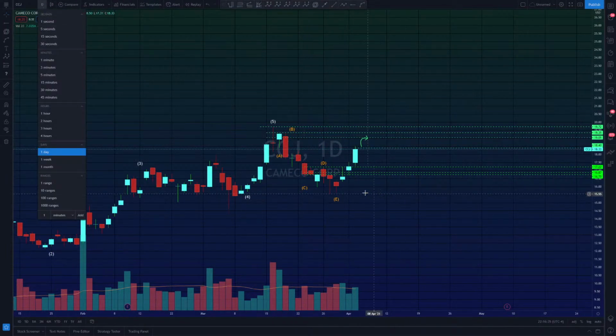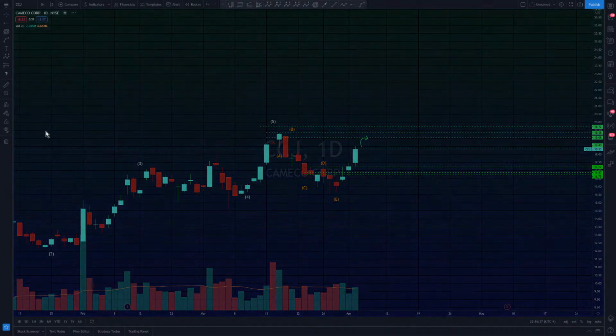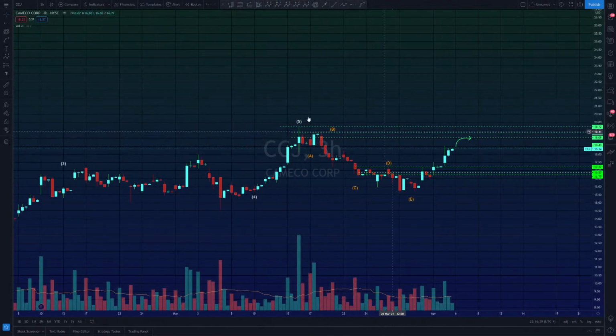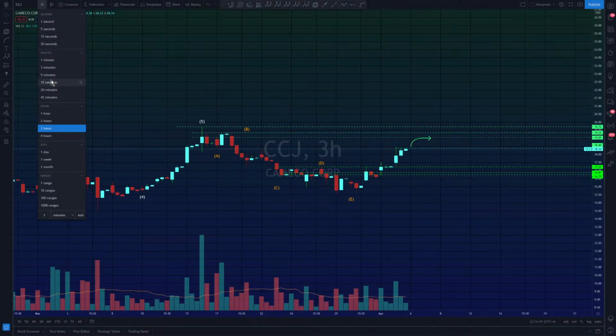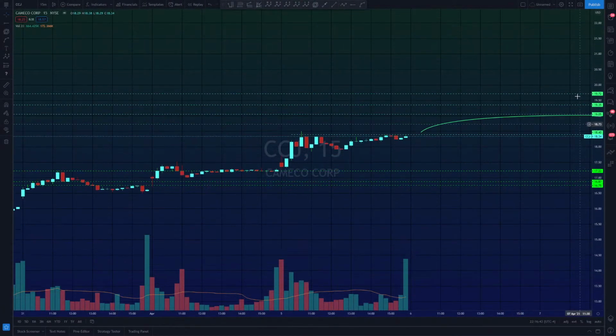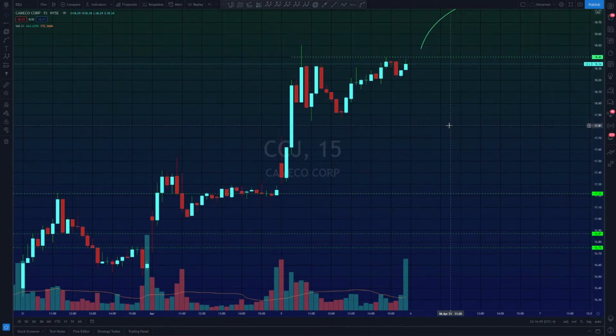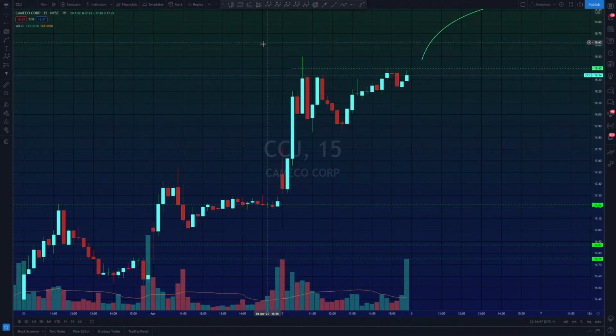But with parabolics, you normally almost always see green candles after green candles. And here's the cool part, CCJ made a really nice rising wedge right here. So this thing ideally should pop.